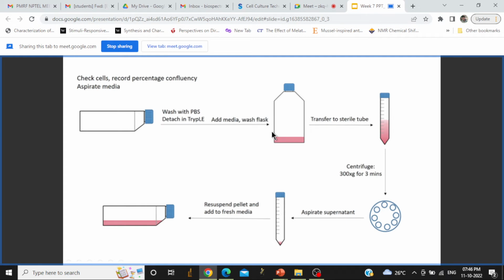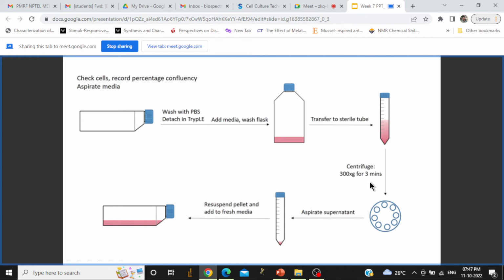When cells get detached, you dilute with the media, and as trypsin is a proteolytic enzyme, it should not be present in the media after passaging. So we have to remove this media containing trypsin. We transfer the cells into a falcon tube and centrifuge at 300 G, or here in the lab, 1000 RPM.